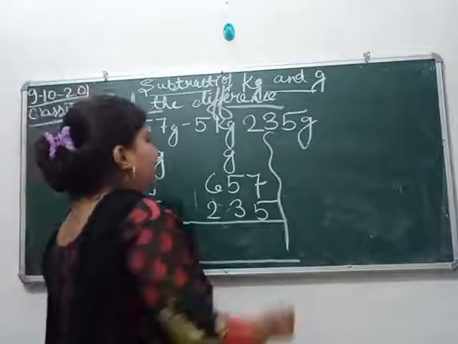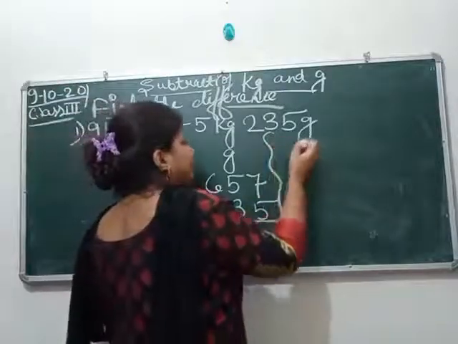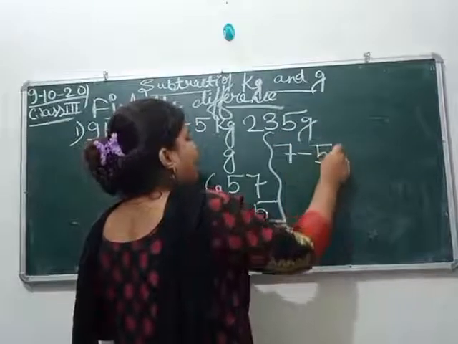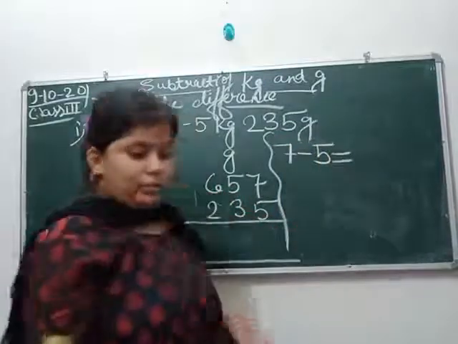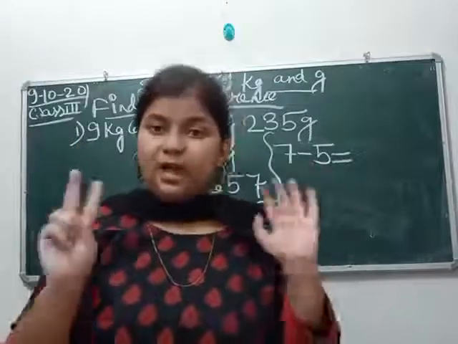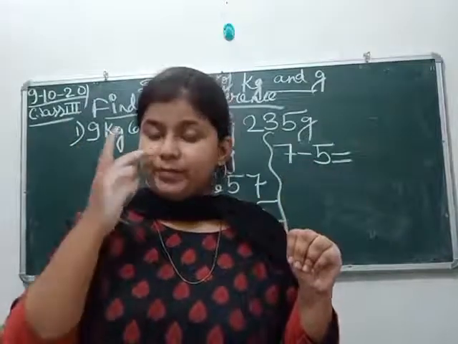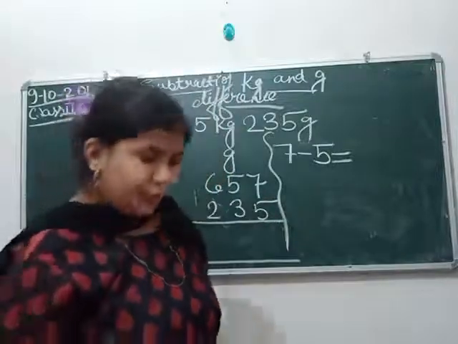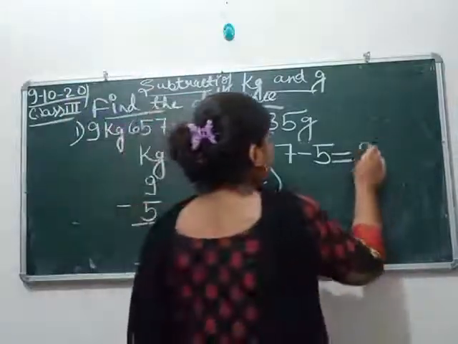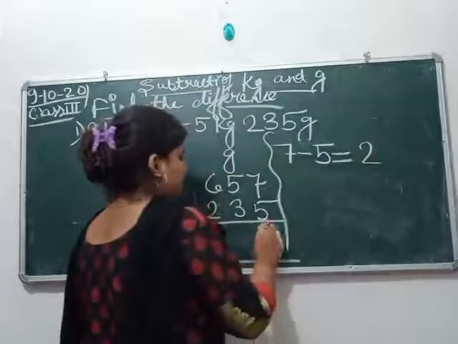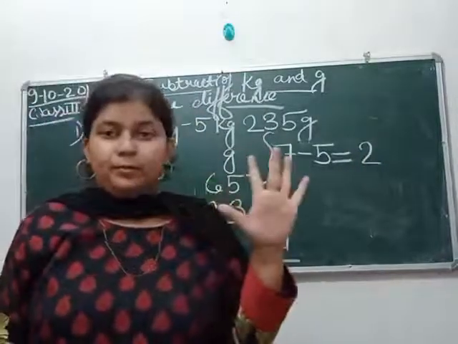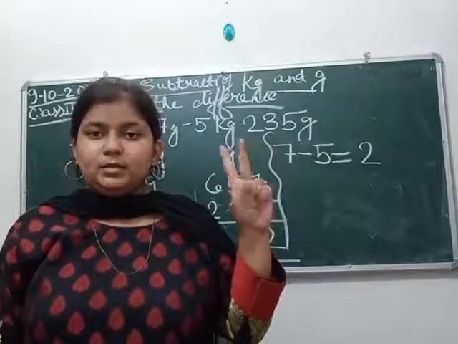Now at the rightmost place we have 7 minus 5. How much is left? 2. So here we will write 2. Here we have 5 minus 3.